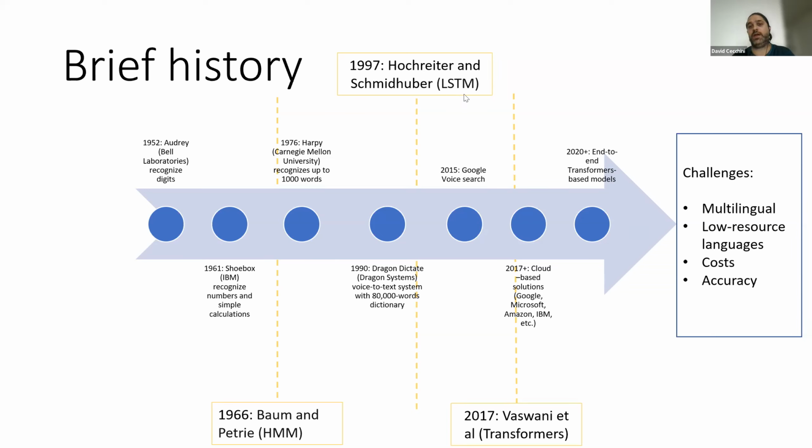And then LSTM, which was a big improvement specifically for audio because of the long sequences. There were a lot of problems with vanilla RNN cells. They were running into vanishing gradient or exploding gradient problems. So LSTM fixed that, they were able to process longer sequences, and we got a huge improvement in the models, as we could see in Google Voice Search, for example. And later on, in 2017, transformers, as I mentioned.